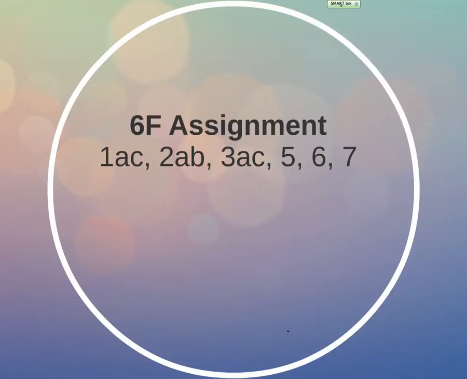Okay, so here is the assignment for 6F. As you guys are jotting this down, tomorrow is 6G, and there is a part 1 and a part 2, but we'll be covering all of the notes tomorrow. 6G?